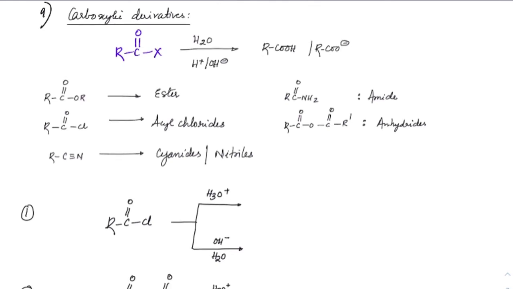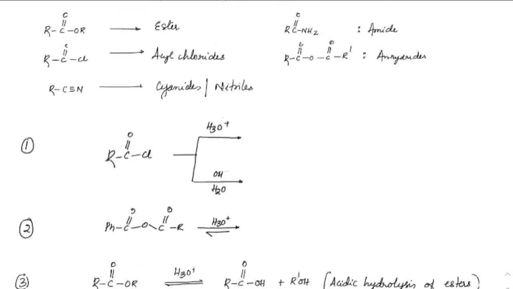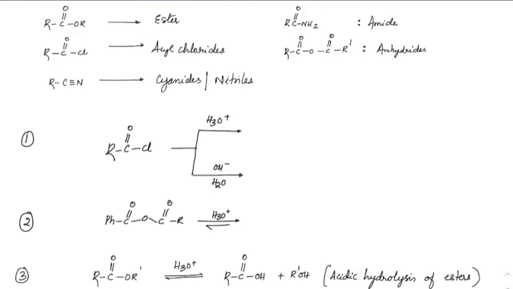Now let's see one by one, starting with acid chlorides, how they are giving. In acidic medium, we will get R C double bond O OH plus HCl. This is the reaction that will take place. I'm not getting into the mechanism because we have done this mechanism before.